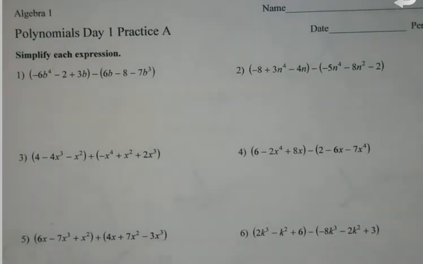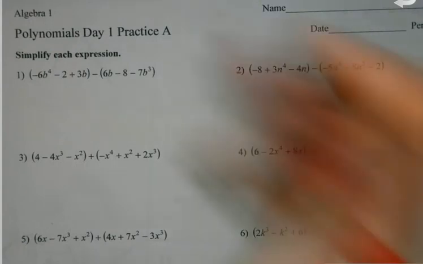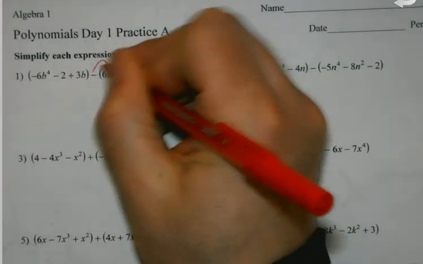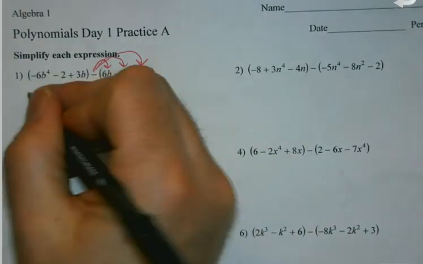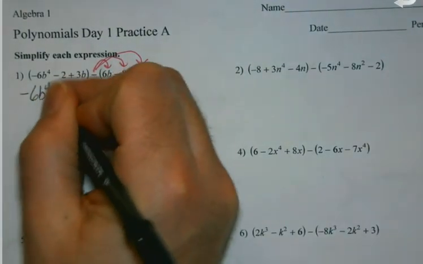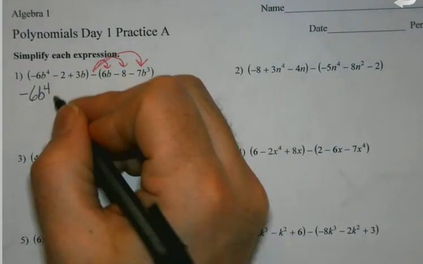And again, watch the signs in the middle. So like for instance, let's say we're doing number 1. Good place to start. I notice the minus. So I start to distribute that through. I don't touch anything in that first set of parentheses unless I happen to see a sign out in front of it.